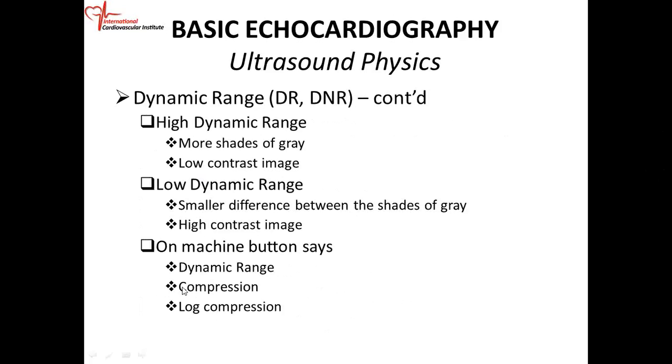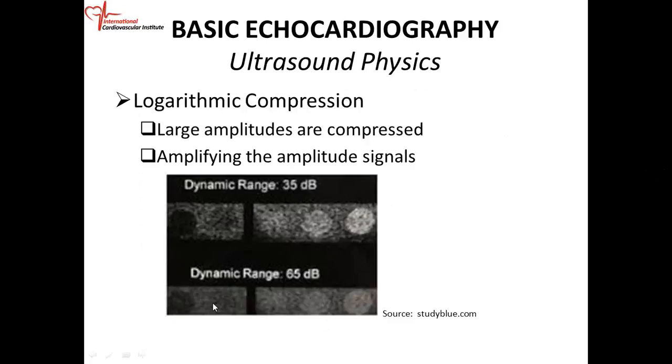The dynamic range, compression, log compression, they basically say the same thing. So this is a dynamic range of 35 decibels, and so it's a low dynamic range. So there's not going to be much difference between the bright and the weaker image, not much difference.